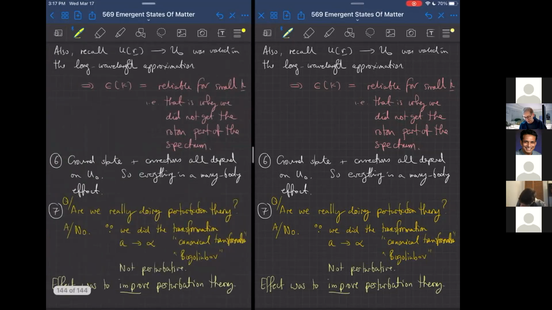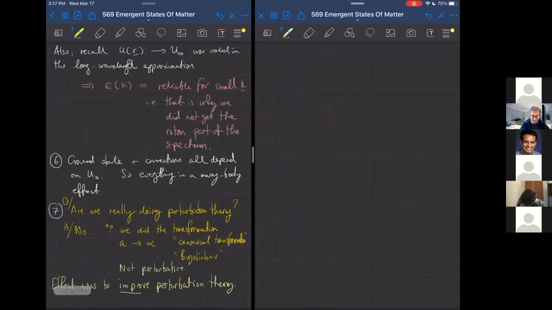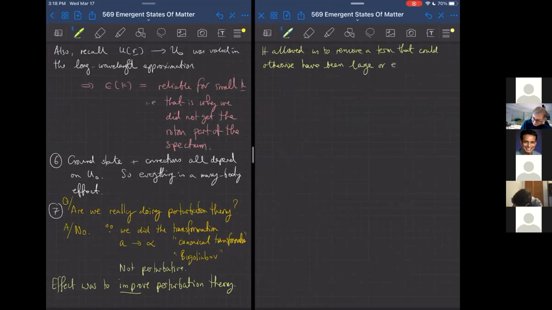When I say improve perturbation theory, what I mean is that it allowed us to remove a term that could otherwise have been large or even divergent.